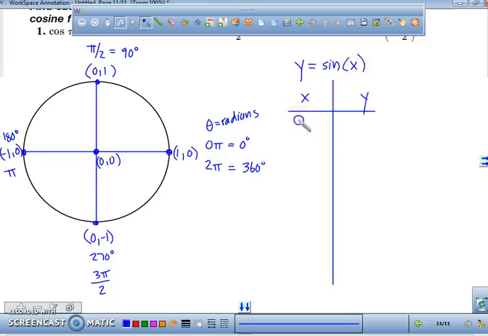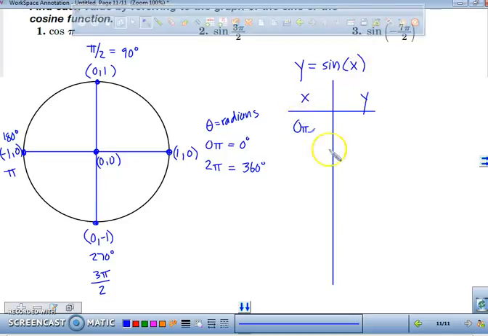For x, we're going to plug in 0 pi, pi over 2, pi, 3 pi over 2, and finally 2 pi. And x represents our theta, our value of the theta. So go and write your table for sine, and we'll figure out what the y values are when these are our x values. All right.